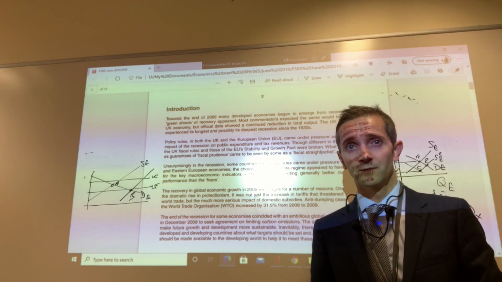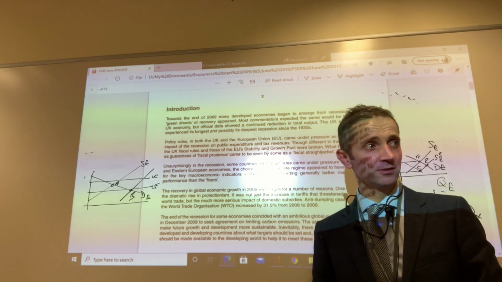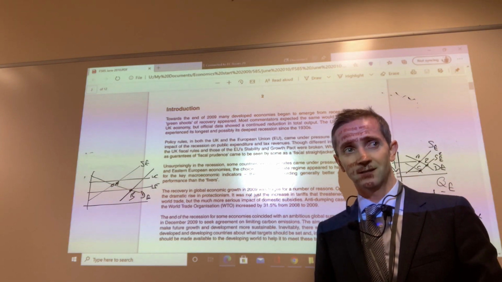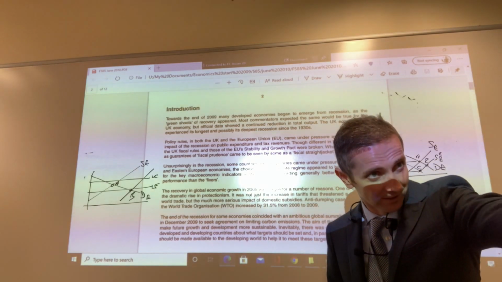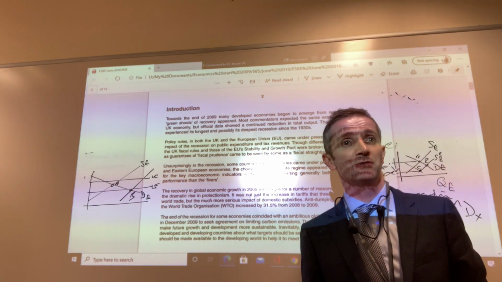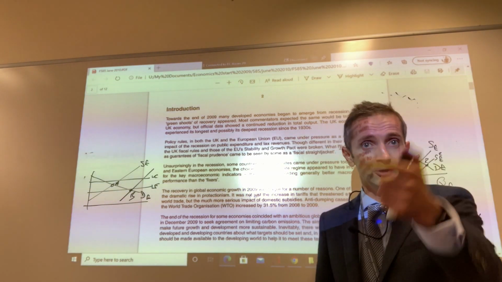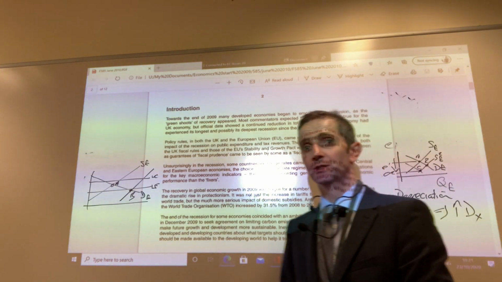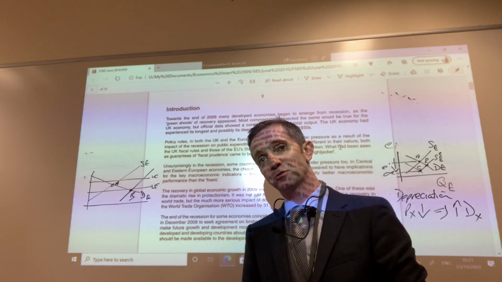Any reason why? I'd like to have my savings in Turkish lira at the minute. Right, the interest rate there at the minute is 13.25%. What is it in the UK at the minute? 0.1. Right.